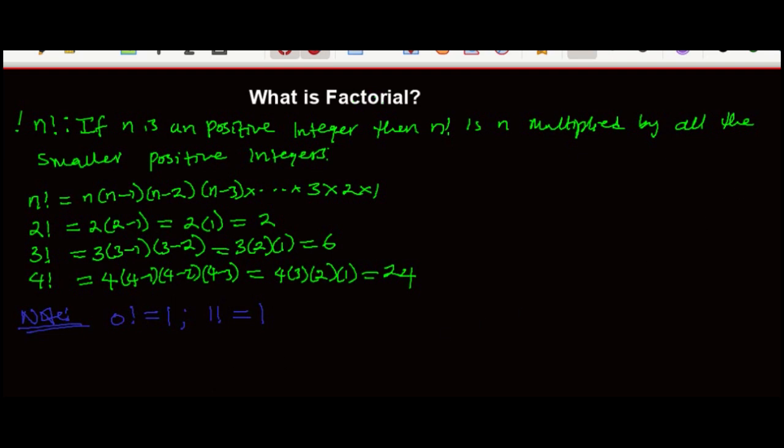Now let's look at the second definition of the factorial. What can you also say factorial is? A factorial is the number of different ways to arrange n objects. N factorial is the number of different ways to arrange n objects.